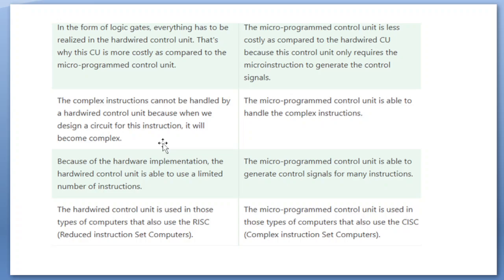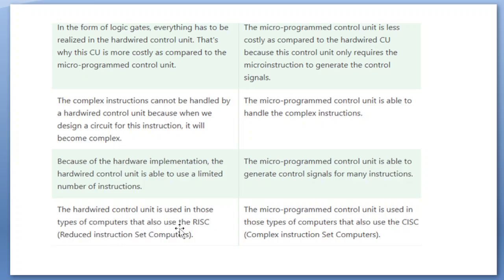We can add only very few instructions to it. But the microprogrammed control unit can handle very complex instructions also. In hardware implementation, a limited number of instructions are used, and the microprogrammed control unit is able to generate control signals for many instructions.